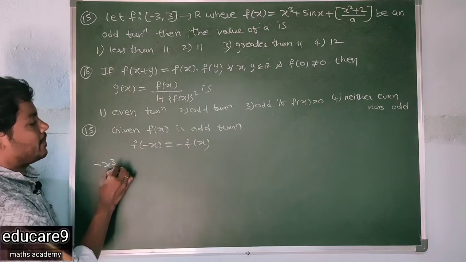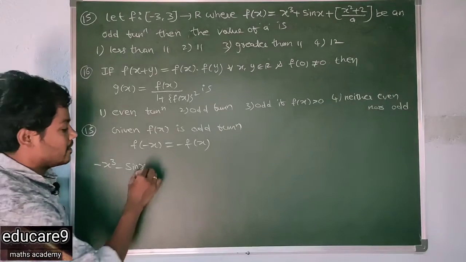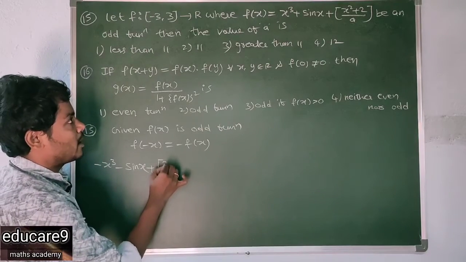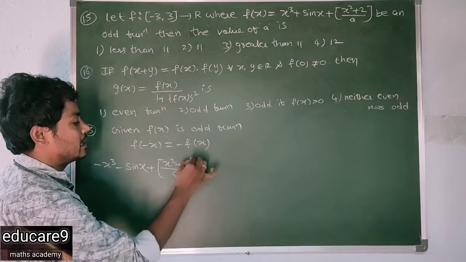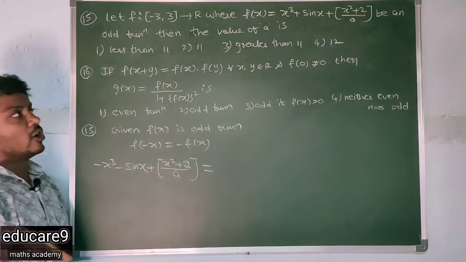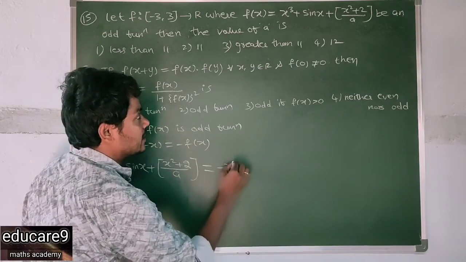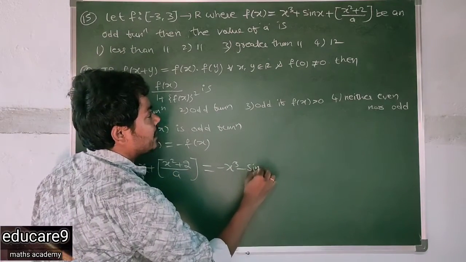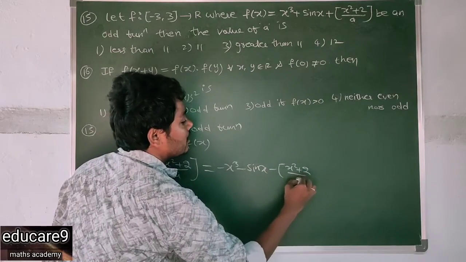Minus x cube, sine of minus x is minus sine x, plus step of x square plus 2 by a, is equal to minus f of x. So what is that? Minus x cube minus sine x minus x square plus 2 by a.